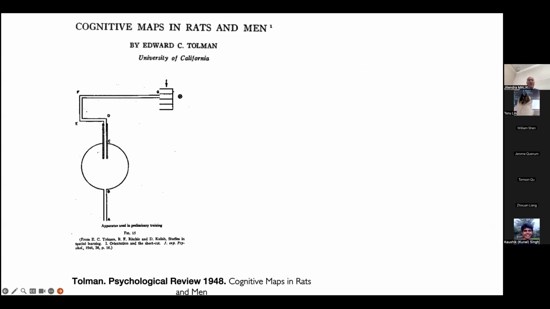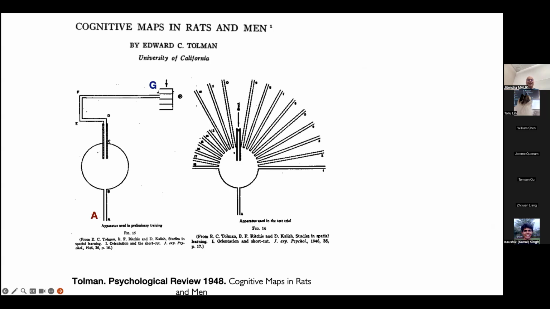Tolman's contribution was he did lots of experiments on rats and so on. You can actually find his lecture. He gave his lecture at Berkeley in 1948, and he said, we have done these experiments on rats in Berkeley and in other places as well. His finding was that rats are actually quite smart. If they go through some roundabout way, they can find shortcuts.